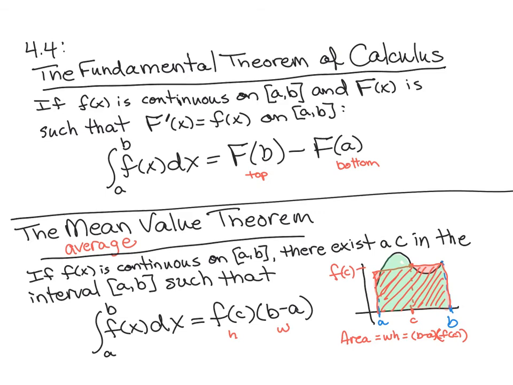So the mean value theorem just says that I can take the integral and evaluate it from a to b. There is some c in the middle, whereas if I take the entire width, I can find a c that will make the height be the average of the y values for that whole thing, so that the area of the rectangle is the same as the area under the curve.